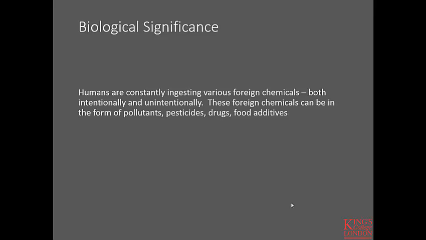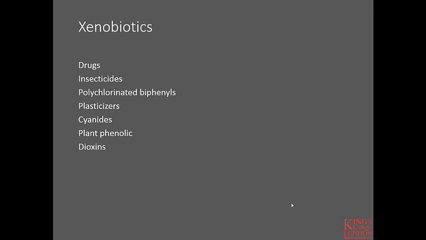The biological significance of xenobiotics is that humans constantly ingest various foreign chemicals, both intentional and unintentional. And these foreign chemicals can be in the form of pollutants, pesticides, drugs, food additives, or just constituents of foods which don't have any nutritive properties. And the body recognizes these as xenobiotic or foreign. So examples would be, as we just mentioned, drugs, insecticide residues on foods.